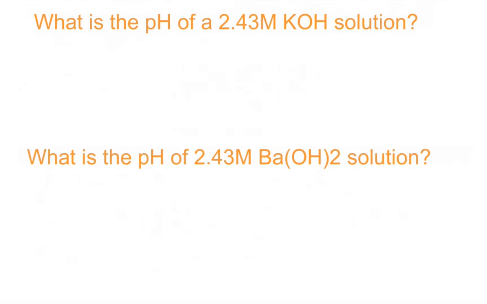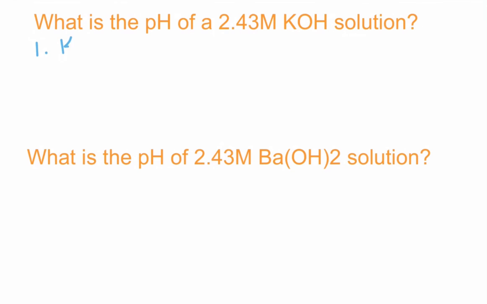So for dealing with a strong base, we're going to essentially use the same process but convert our pOH to pH. So what is the pH of a 2.43 molar KOH solution? Major species: again, strong bases completely dissociate, just like strong acids.